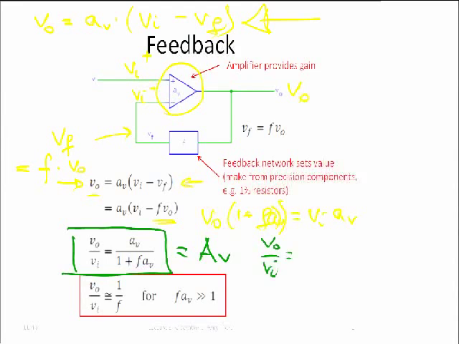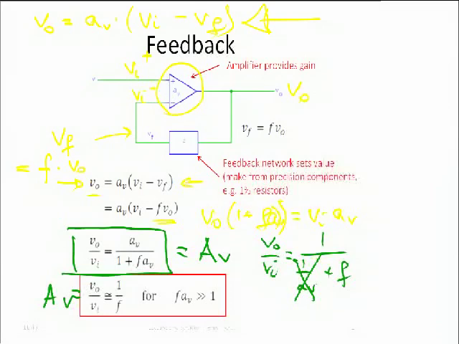So then we could divide by AV to calculate V out over VI. Dividing by AV, we get 1 over AV plus F. If AV is infinite, this term drops out, since 1 over AV is 0. Consequently, the closed loop gain of our entire circuit is 1 over F. Let's think about that a moment. We have a gain that ideally is infinite. In practice, it is just large.